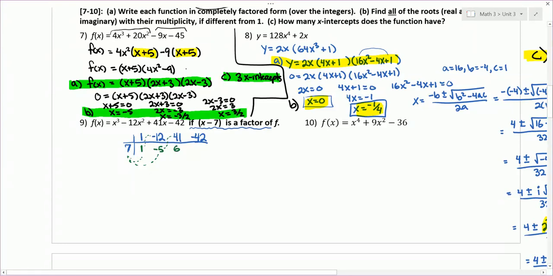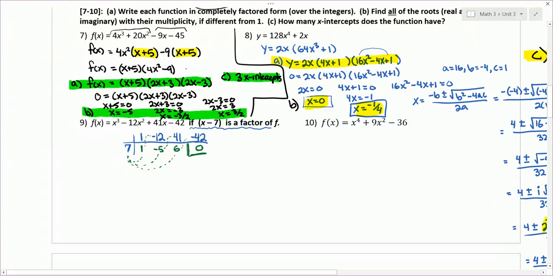And if we're working with a factor, your remainder should be 0. So this last one we should get 0 as an answer if we're doing this right. So 7 times 6 is 42, plus a negative 42 gives us a remainder of 0. That last one is always your remainder. So I usually put a little separator here to say, okay, that number, the remainder, is a little different than the first 3.